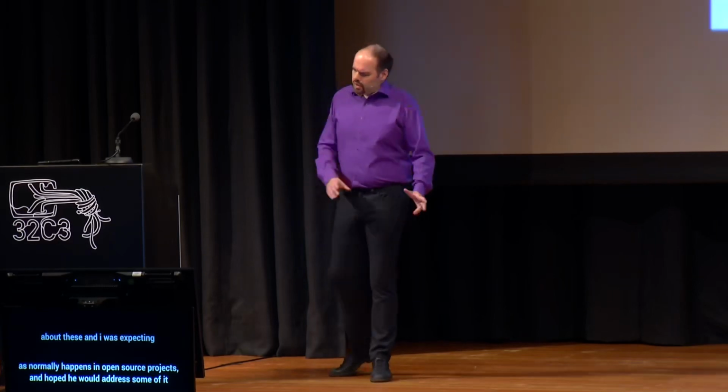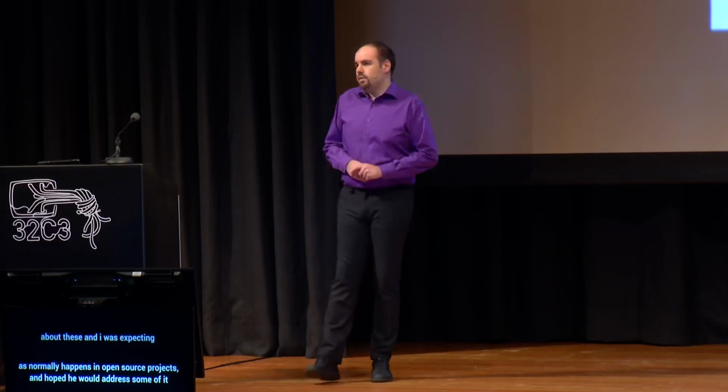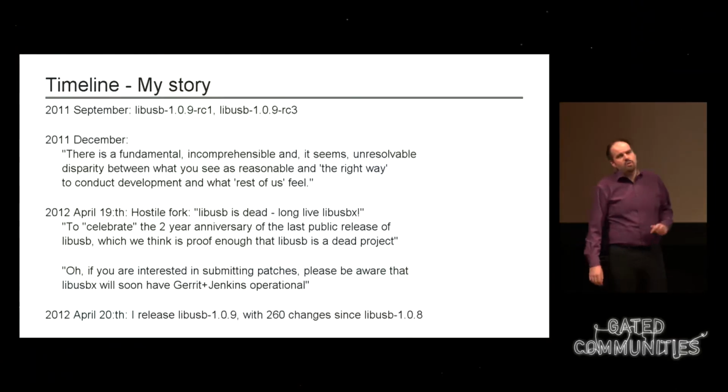So this continued through the beginning of 2010, and one of the last things that Daniel did before he moved on was to commit some of the Windows support into libusb 1.0. Now, I thought that was too early.